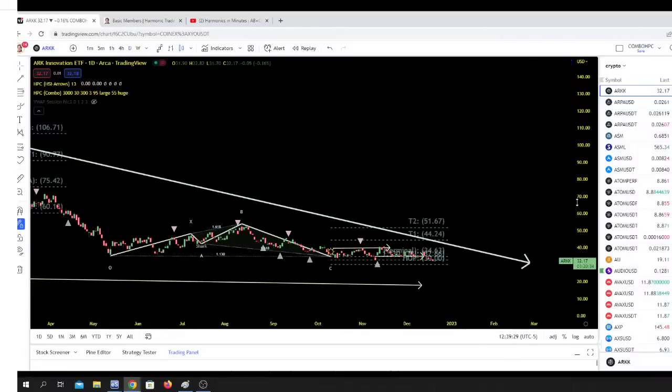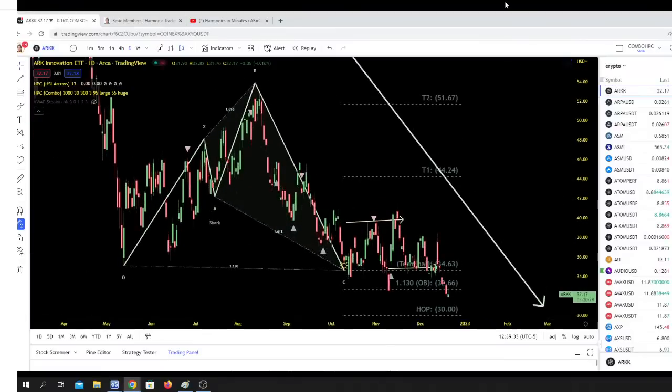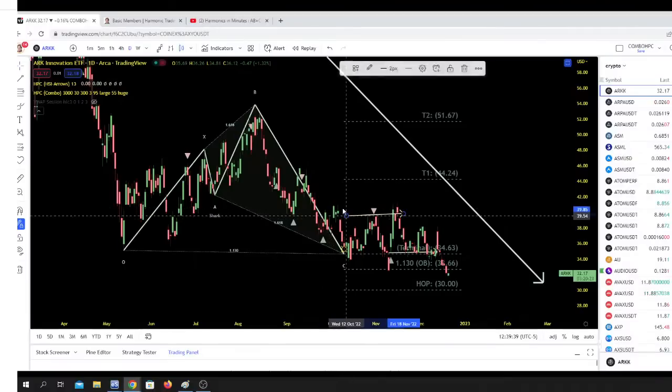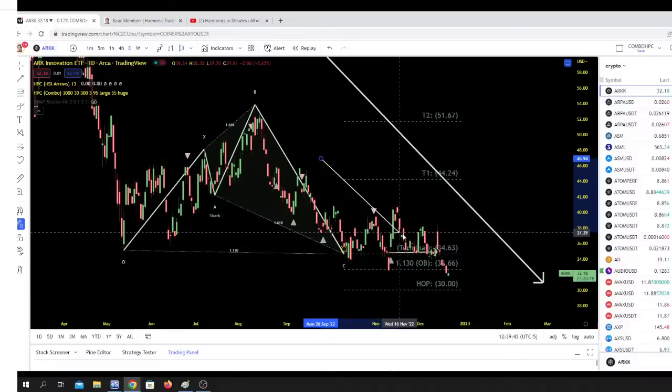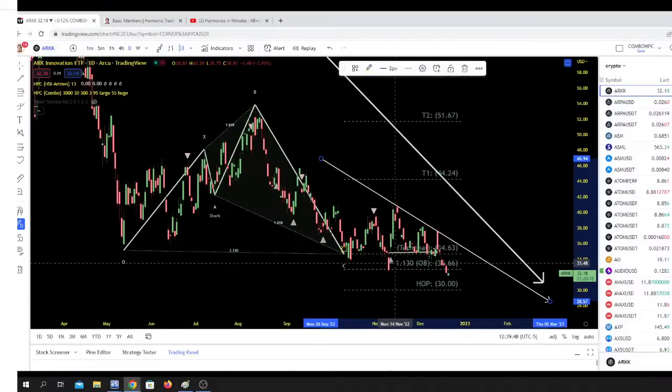Here's the pattern. Sorry, let me blow that up. If we take away the shark, I think any standard technician would look at that and say, why are you even bothering? That's just a running correction as it heads lower, probably forms another leg.